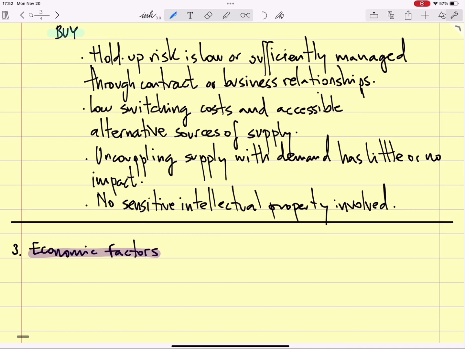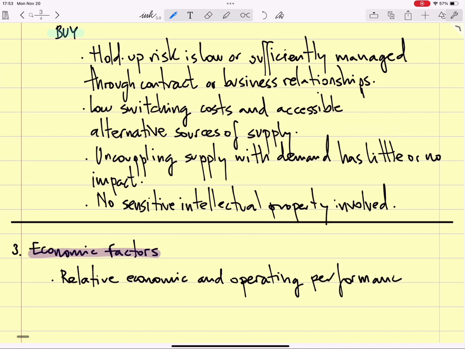So, when you have a relative economic and operating performance advantage.